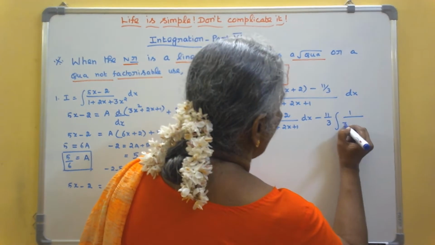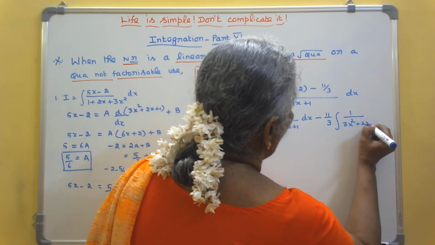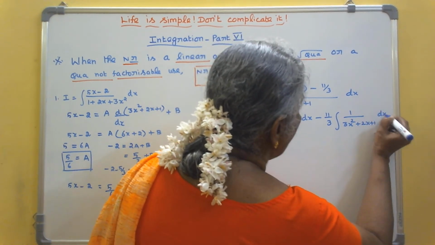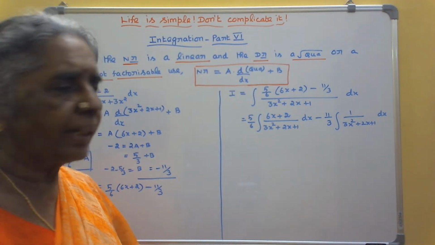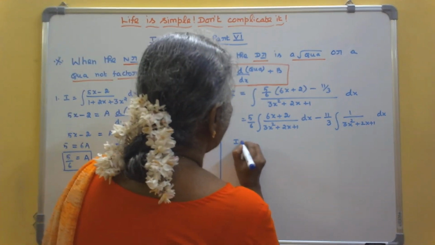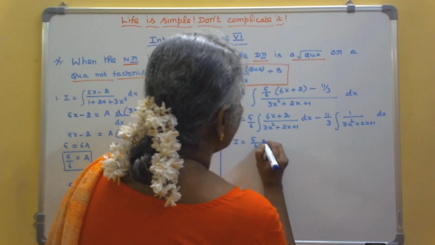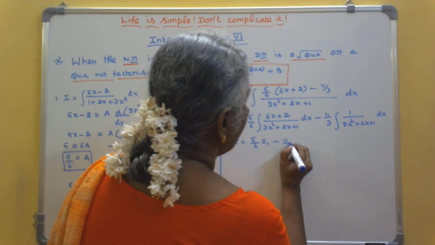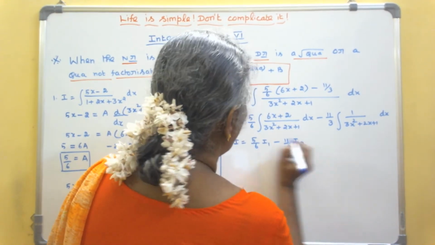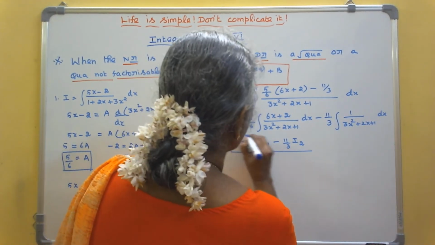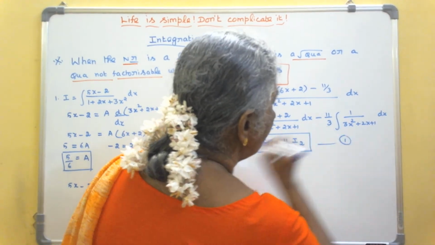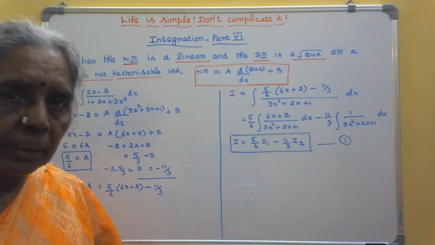I will get 1 by 3x squared plus 2x plus 1 dx. Now I can write my I is equal to 5 by 6 I1 minus 11 by 3 I2, and this step I will call as 1. Do you follow up to this?